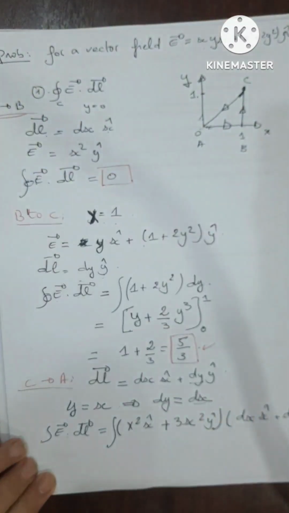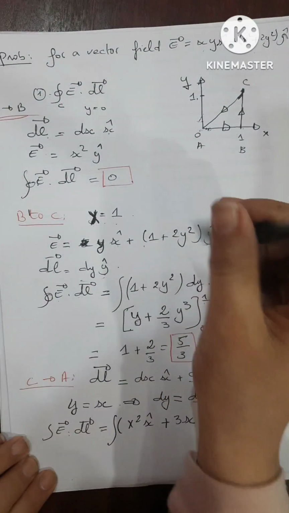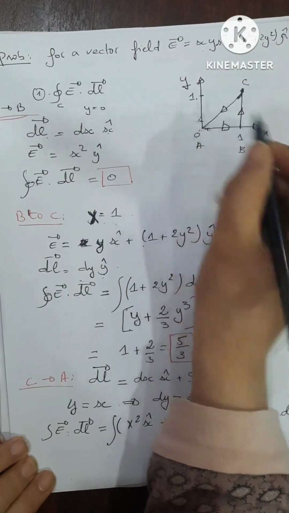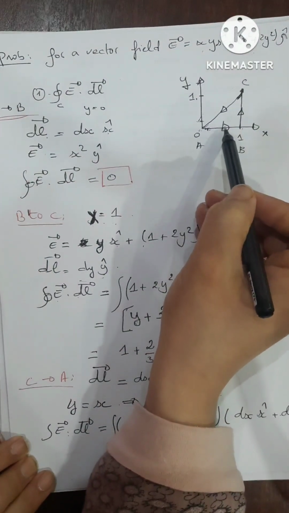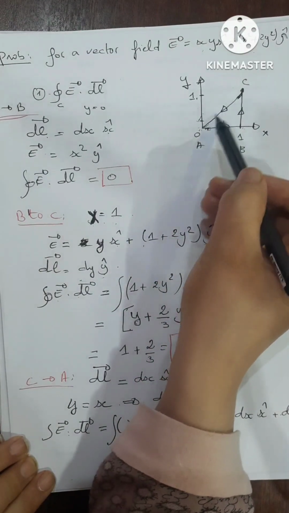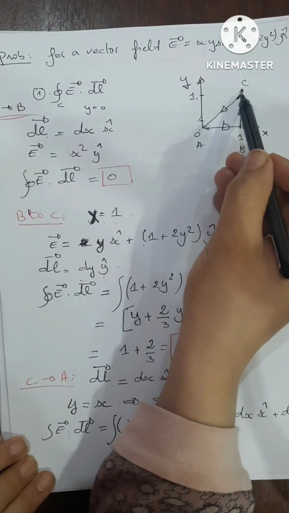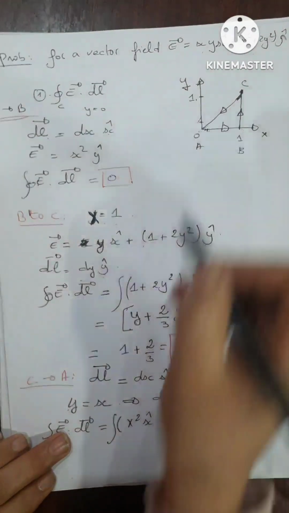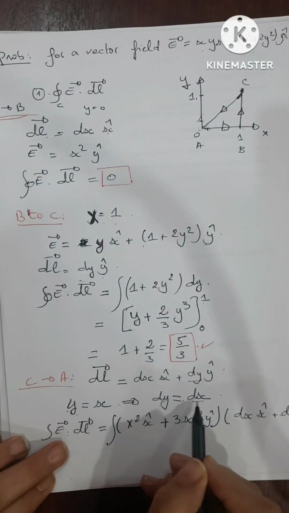The third path, we have dl equals dx in the direction of x plus dy in the direction of y. In this path we have y equals x, so dy equals dx.